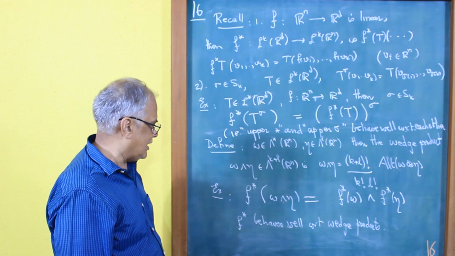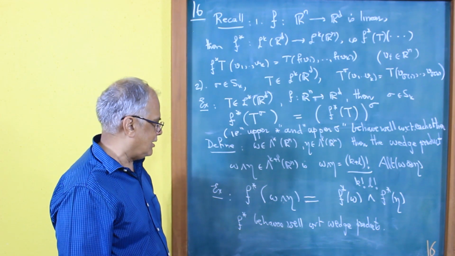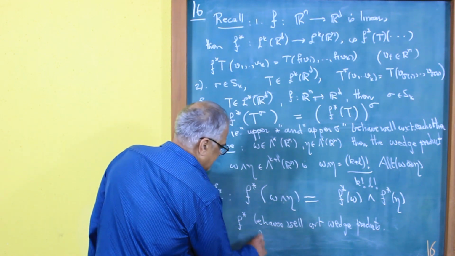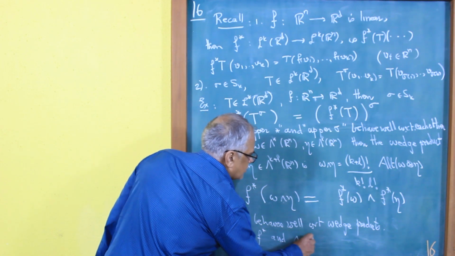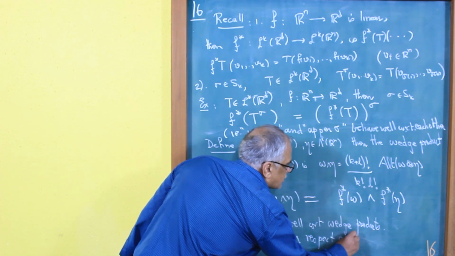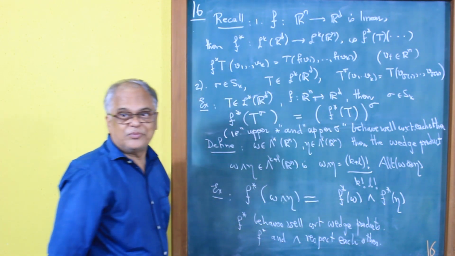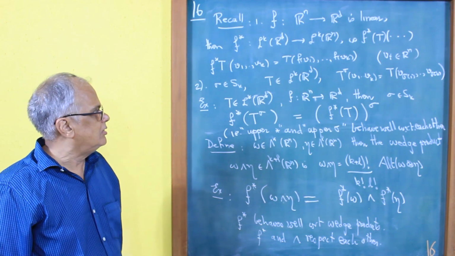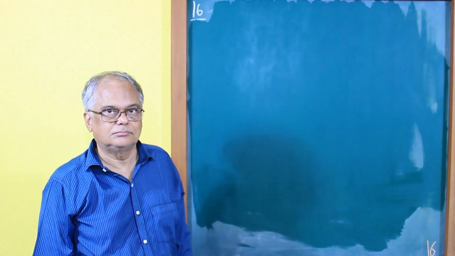Or the other way of saying that is that F upper star respects each other. And this is something that you will have to check more and more often as you are introducing more and more quantities. Okay, we stop here.